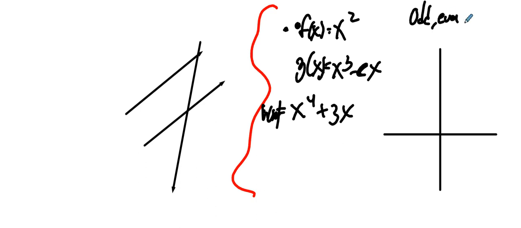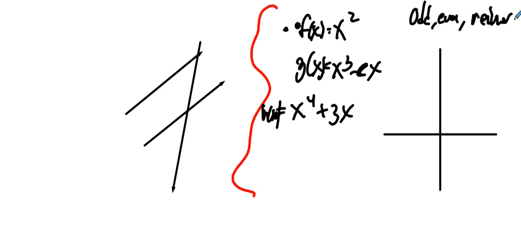And then we're going to have x to the fourth plus 3x. Well, let's set that equal to h of x. So we're going to discover the concept of odd, even, and neither functions. So I understand that I spelled neither wrong.